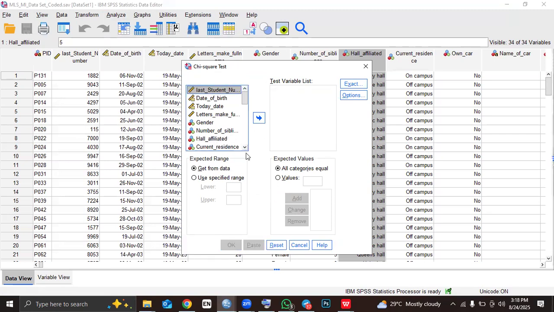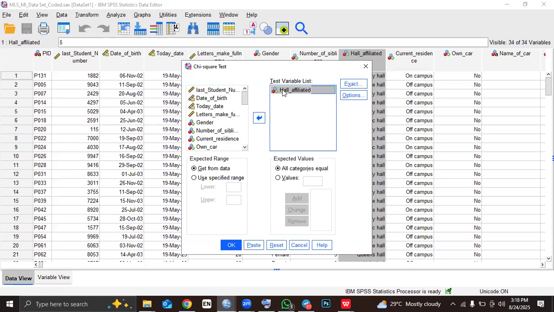Now, our test variable here is going to be the Hall affiliation, because remember, we said we wanted to test whether the students are equally distributed among each of the halls. So we select hall affiliation here and move it to our test variable list.